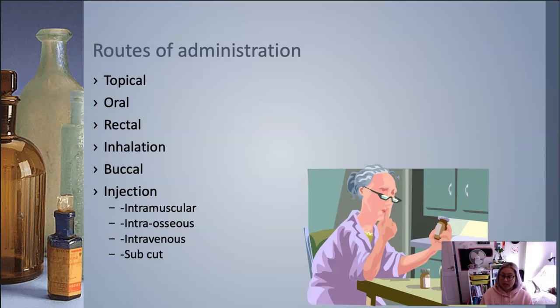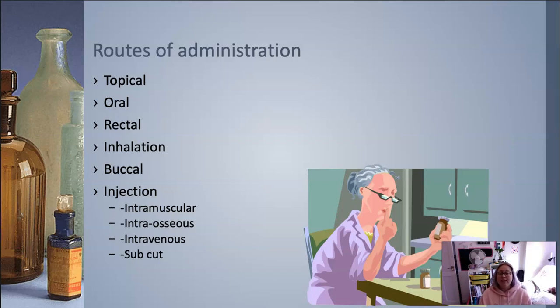There's lots of different things that could be applied topically. It could also be an infection ointment for eyes, or eardrops. So there are lots of different medications that are applied topically.